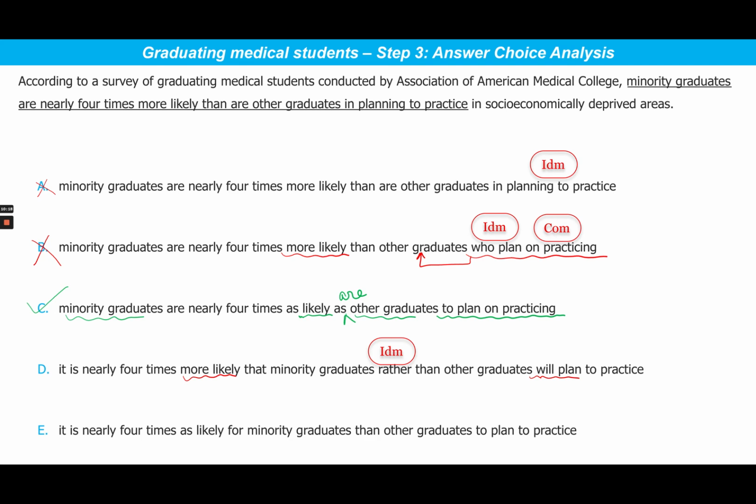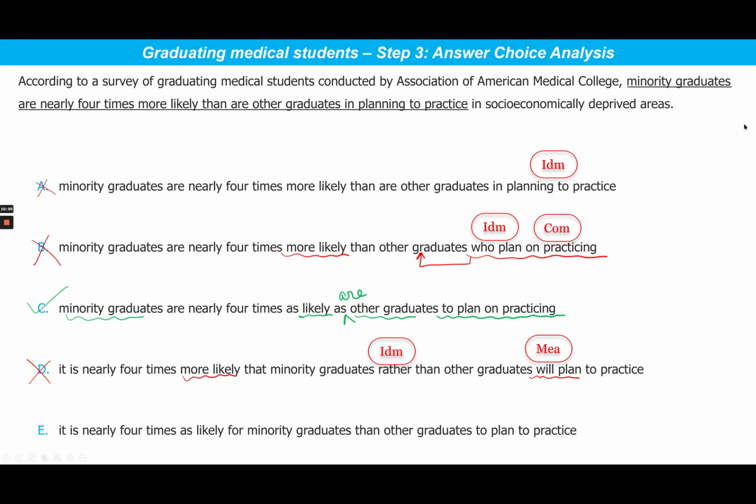Also, this verb tense is not correct, because the sentence intends to present general information that is relevant in the present. It talks about general information, but with will plan, the meaning changes. It's now referring to a future action, which is definitely not the intended meaning. So on these grounds, we can reject choice D.